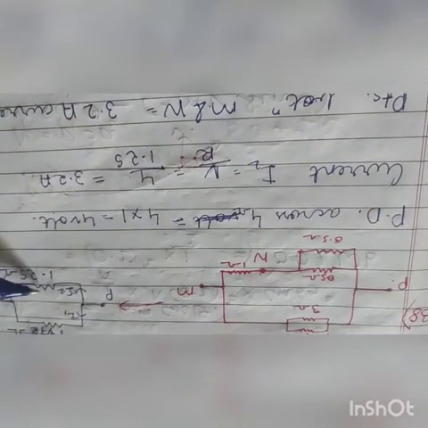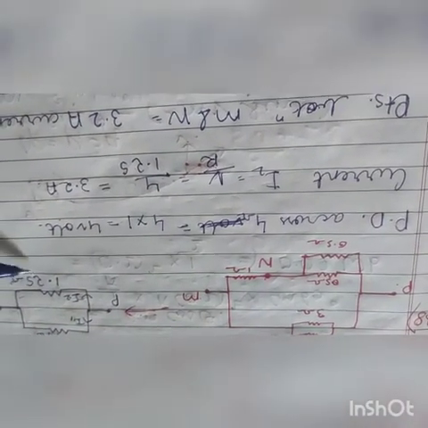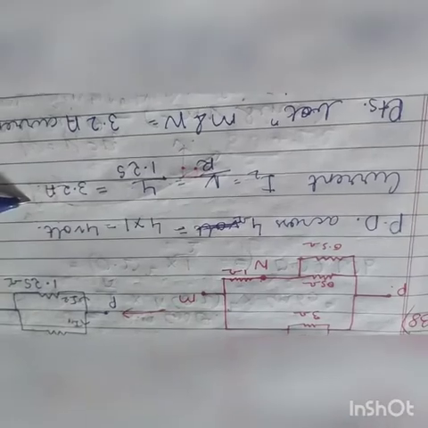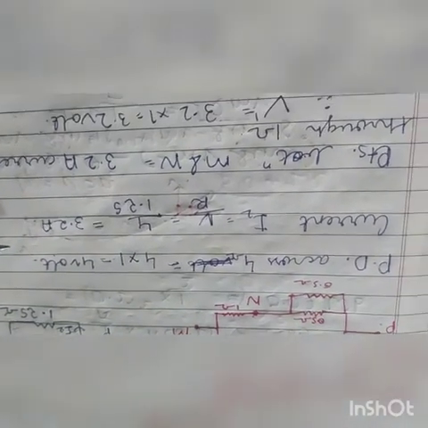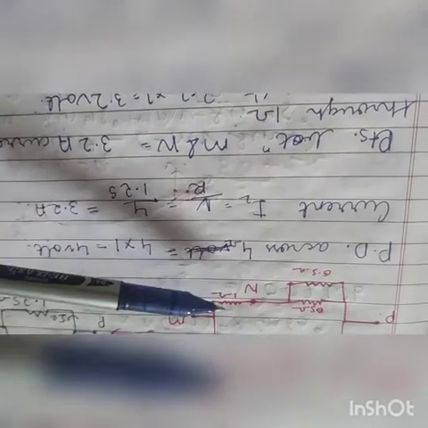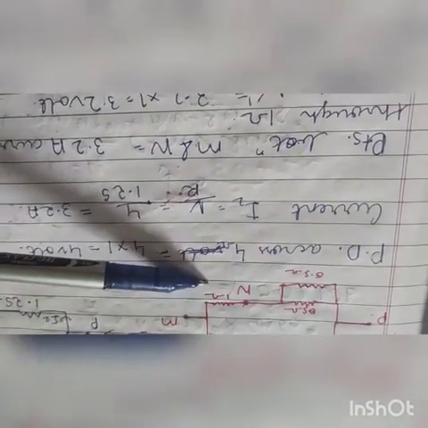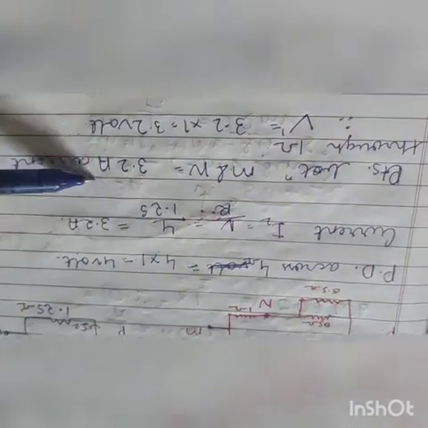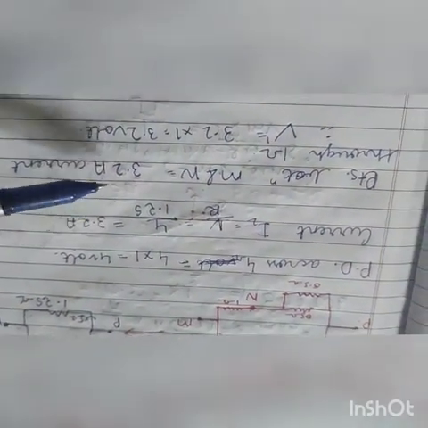This means in the 1.25 ohm resistor 3.2 ampere current passes. Now we have to know about the points between M and N, and between M and N there is a 1 ohm resistor. So we know that between M and N 3.2 ampere current flows through 1 ohm.